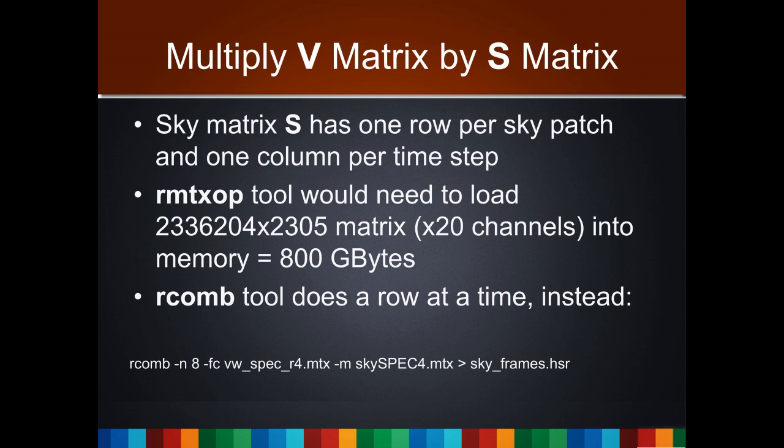In my case, I was manually assembling this before Canning came up with the tool to do it. The rmtxop tool would need to load this huge 800 gigabyte matrix to do an operation in memory. So yeah, that kind of crosses that off our list of potential tools to use. But rcomb does a row at a time. We tell it, in this case, I'm running 8 processes.